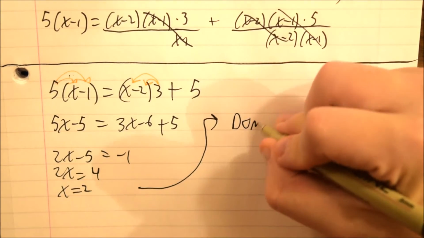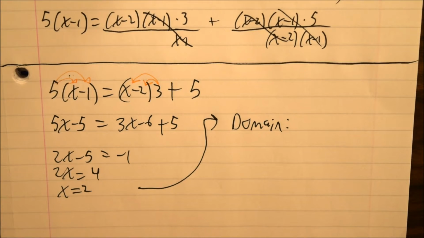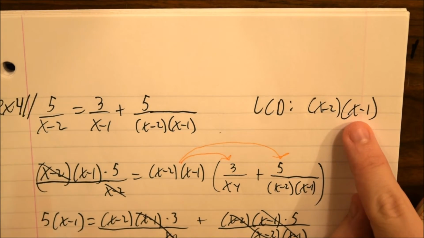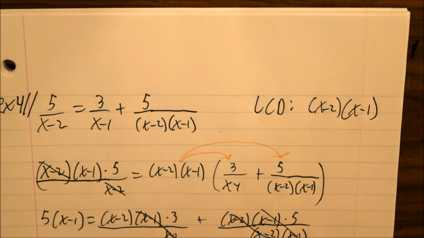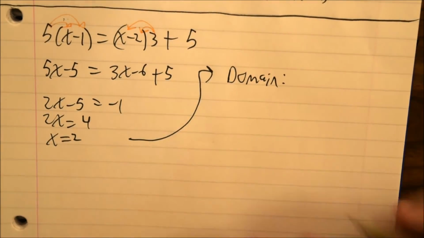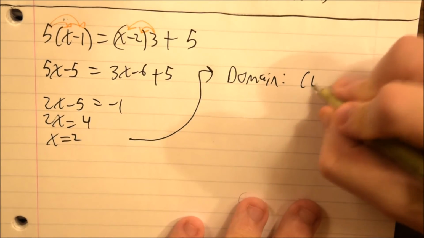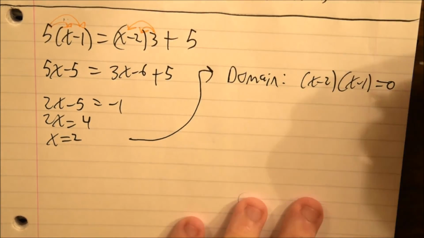So let's check the domain. Now, it suffices to just check to see what makes the LCD equal to 0 because it's the product of everything on the bottom. It's the smallest thing that is a product of everything on the bottom. So I can just do that. Let's set that equal to 0. Well, that gives me two things.